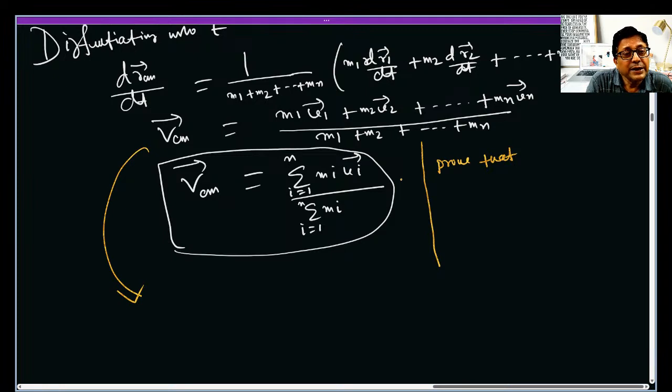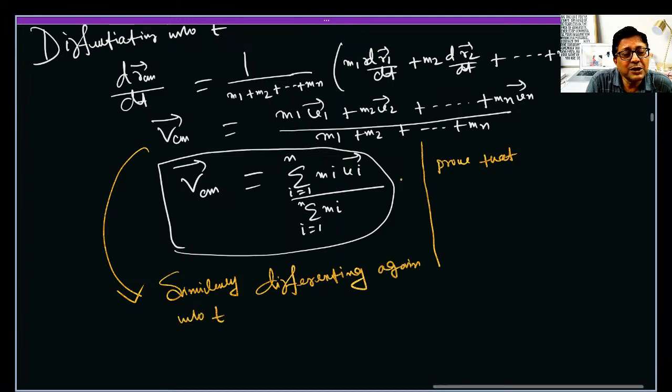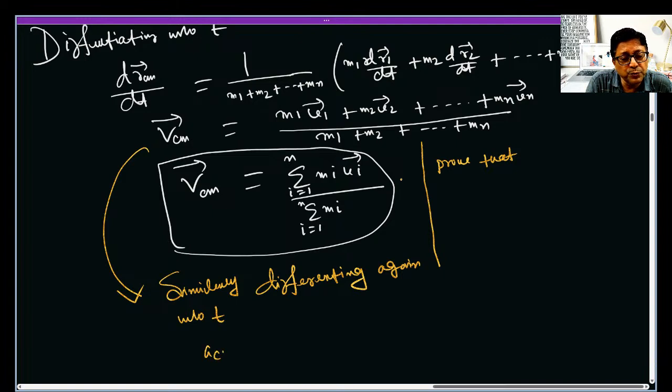Similarly, if you differentiate again, I am just copying that step. Differentiating again with respect to t, we can show that in the same manner. That's why I am not doing it.